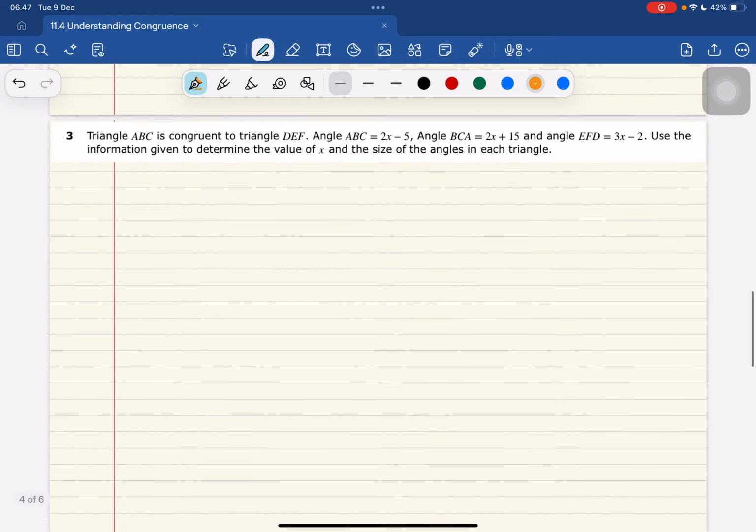Number 3. Triangle ABC is congruent to DEF. Use the information about angle ABC, angle BCA and angle EFD to determine the size of each angle in the triangles.